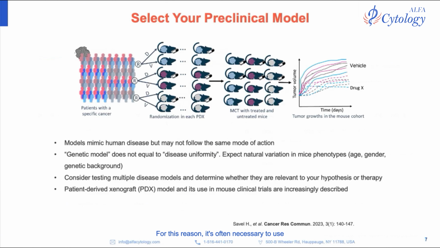For this reason, it is often necessary to use multiple models to validate findings. Testing on various disease models allows us to cross-verify results and observe potential differences in response, helping us build a more comprehensive picture of a therapy's effectiveness.